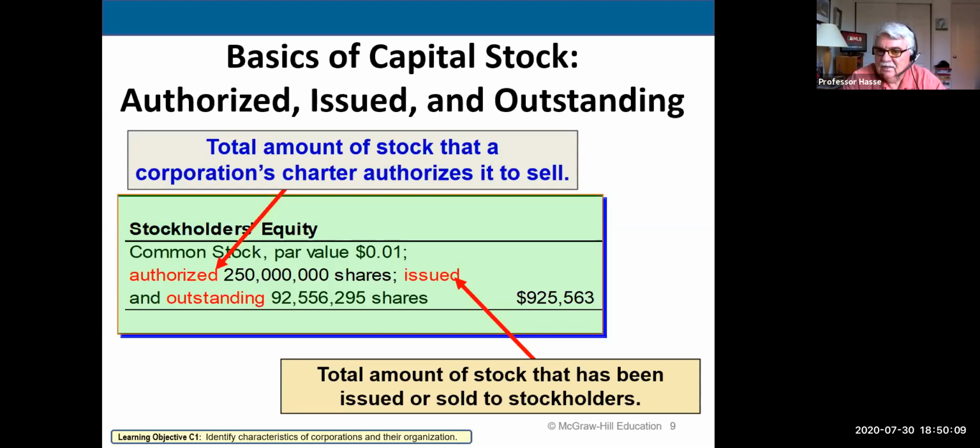And that's the credit to common stock. Again, you don't have to worry about the journal entries here, but that's how it would go on the books as par value. It's kind of like an arbitrary value to the stock. Doesn't mean in the market it's going to be sold for a penny, probably be sold for a lot more. But on the books, that's the issuance value, the par value.